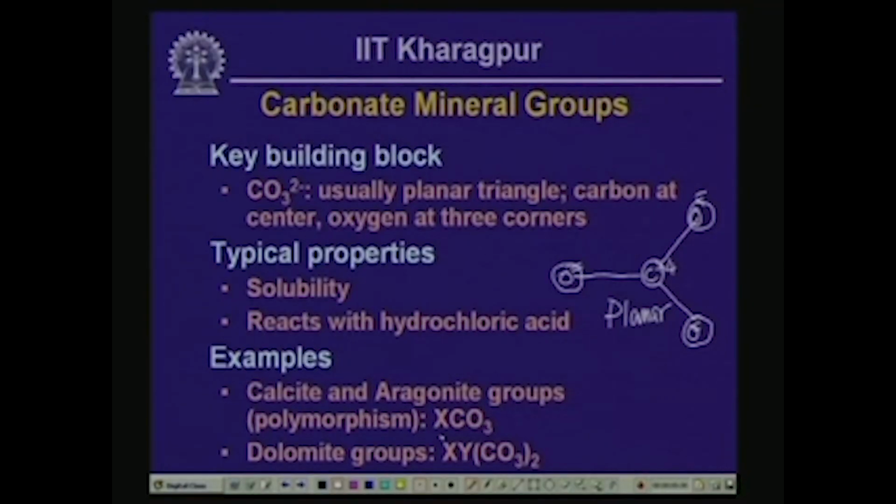Now I would also like to mention here that calcite has a chemical formula of XCO3. For example, you could get calcium carbonate, which is perhaps the most abundant one of that group, or you could even get calcium magnesium carbonate, which is called dolomite.